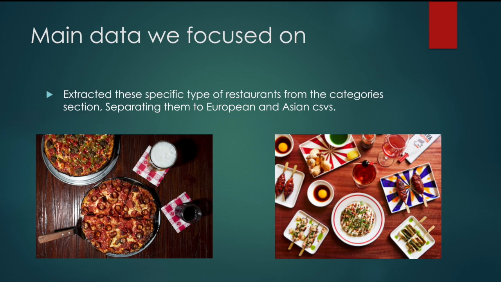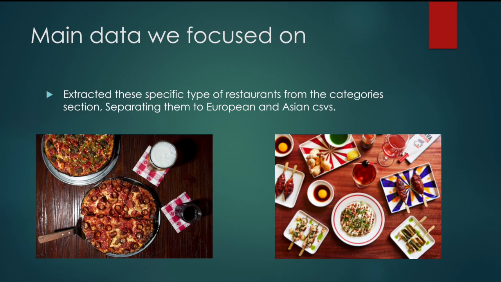But another caveat that we had to account for was that there were also restaurants that had both Asian and European in the categories attribute. That meant that those restaurants served both Asian and European cuisine. Those restaurants may have been restaurants such as buffets, but our analysis did not want to focus on them. So we removed those from our resulting data sets.